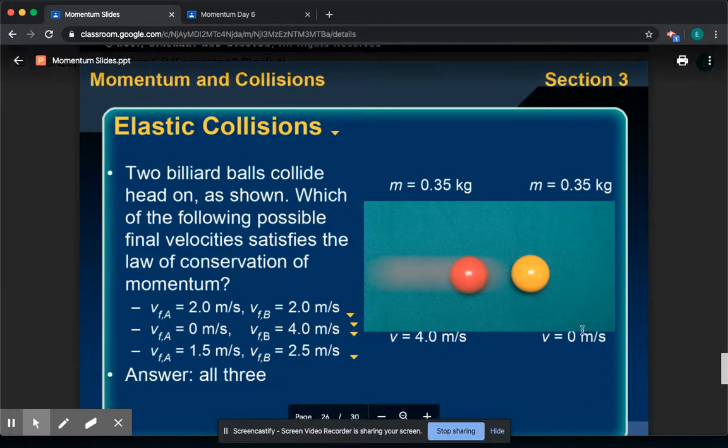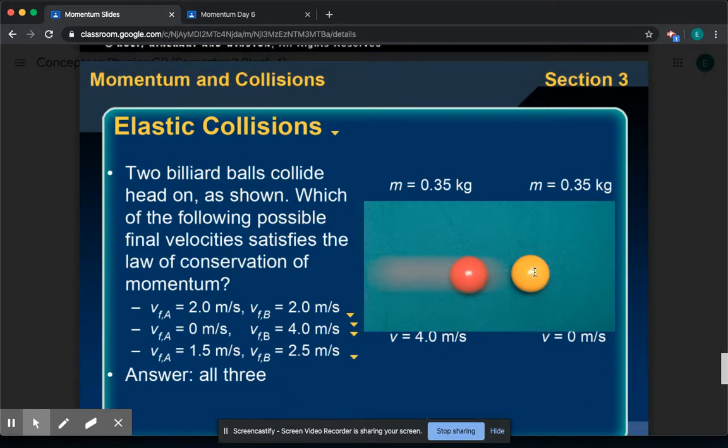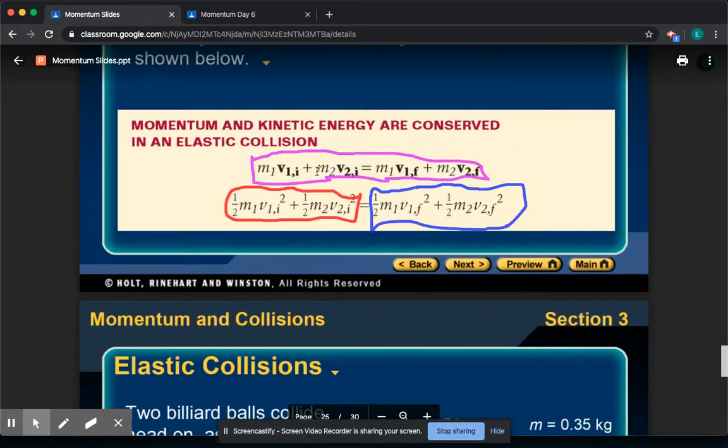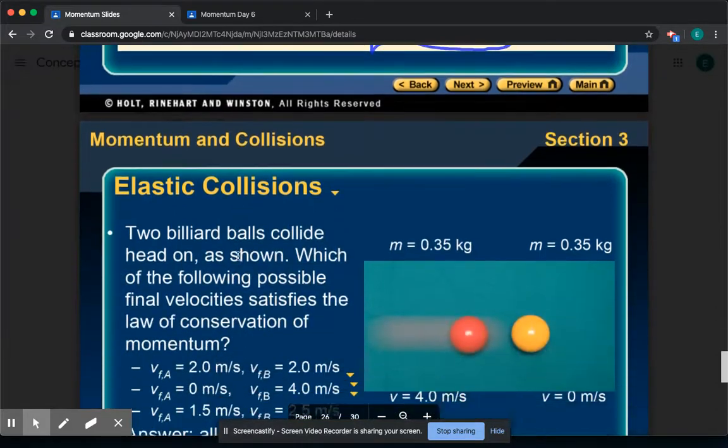And even though it says they collide head on, this is telling you that the velocity of the yellow ball is 0. So this ball is standing still. This ball is moving with 4 meters per second. It's saying which of these would satisfy this equation for the final and the initial.